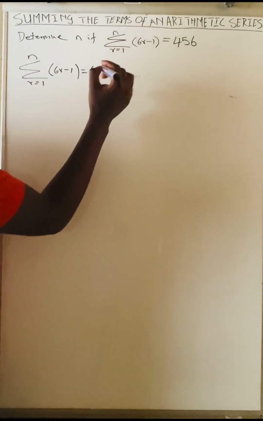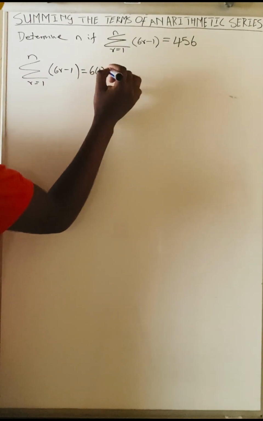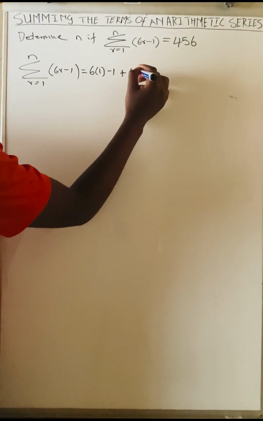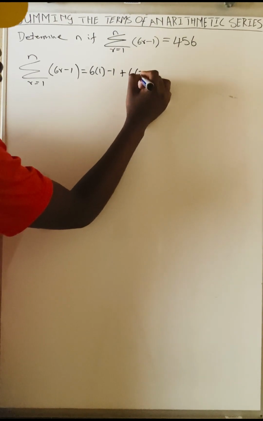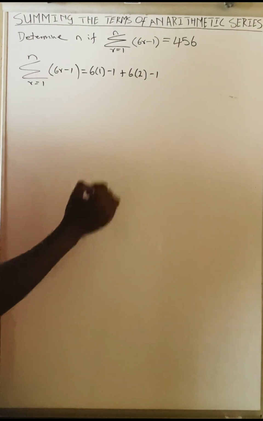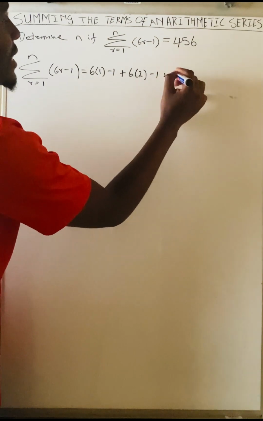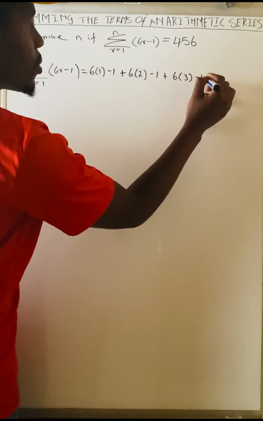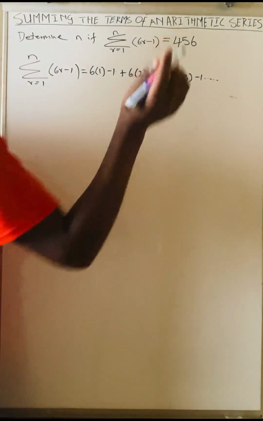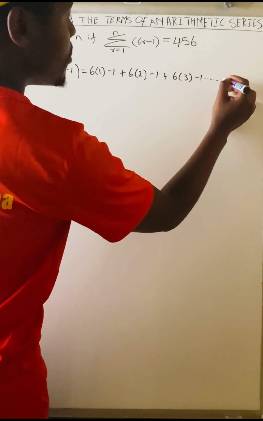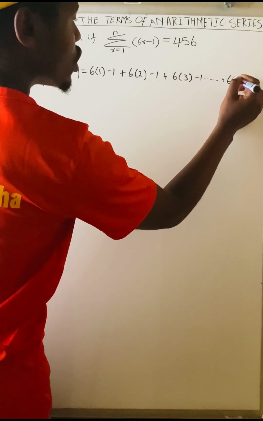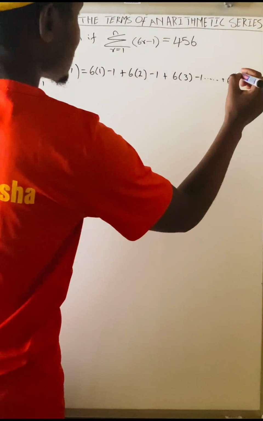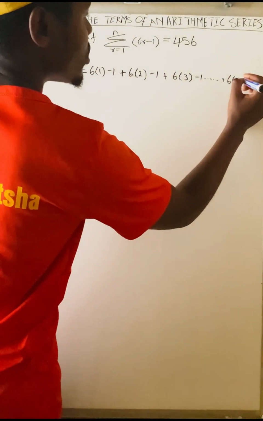Where you see r, you substitute: 6 into brackets 1 minus 1, plus 6 into brackets 2 minus 1, plus 6 into brackets 3 minus 1, and so on. Then the last one, plus 6 into brackets n minus 1. This n is our last term, where our sigma notation ends.